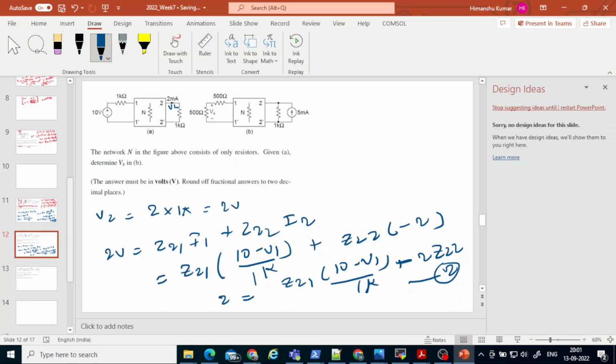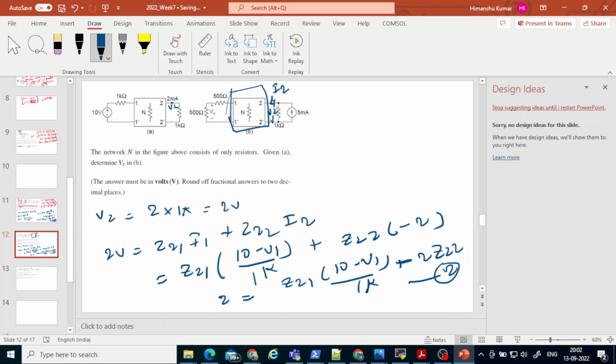Now similarly, once we put this network, our Z parameters will be constant. So now let's see, this is the I2 current flowing in this, and this is V2.